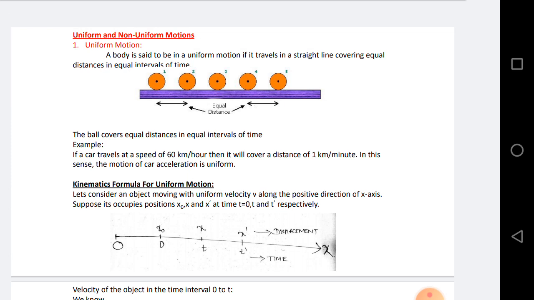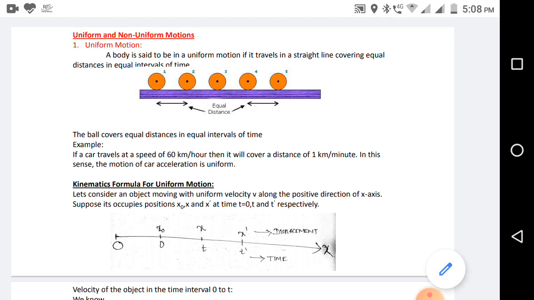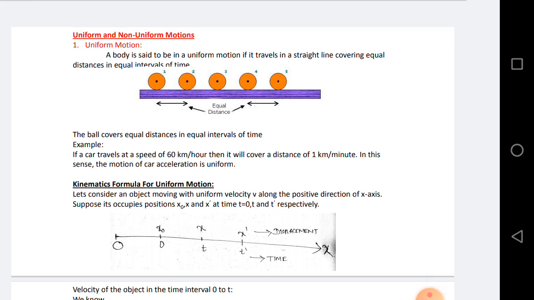That's why the equal distances are nothing but equal displacement. So this is uniform motion. See in this diagram, the ball is traveling equal distances in equal intervals of time, so we can say the ball is following uniform motion.